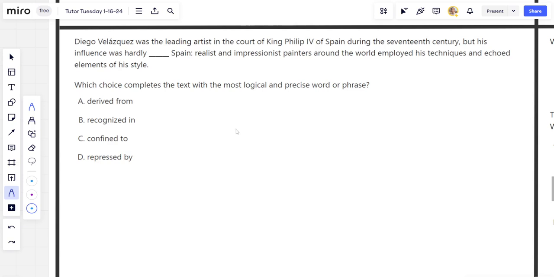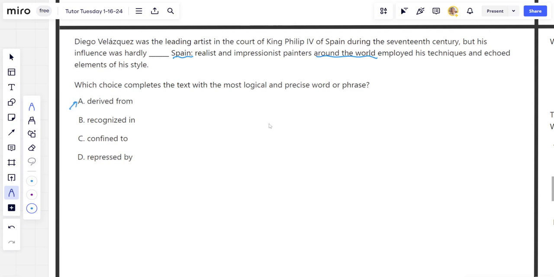Realist and impressionist painters all around the world employed his techniques and echoed elements of his style. So I see Spain mentioned here, and then I see kind of a contrast. It's not just limited to Spain, it's seen all around the world.